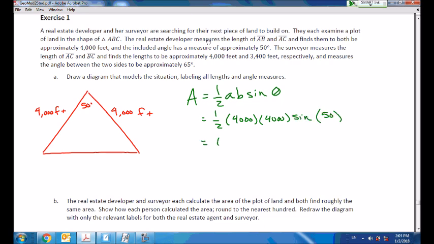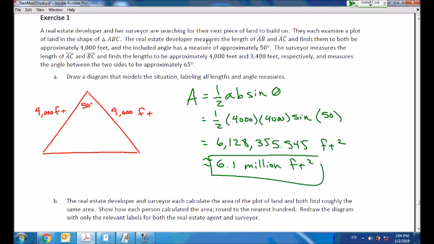And we get 6,128,355.545, which is very exact. It is an estimate. This is square feet, or I'll say approximately 6.1 million square feet, because it is an approximation to begin with.